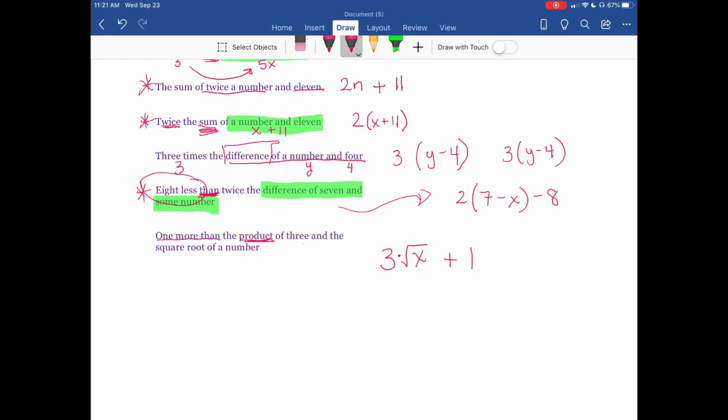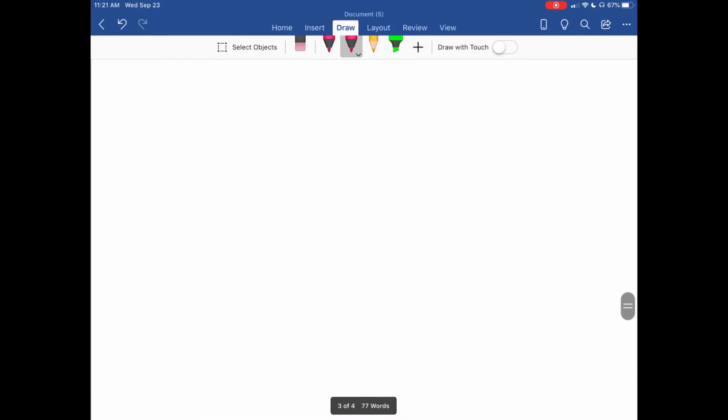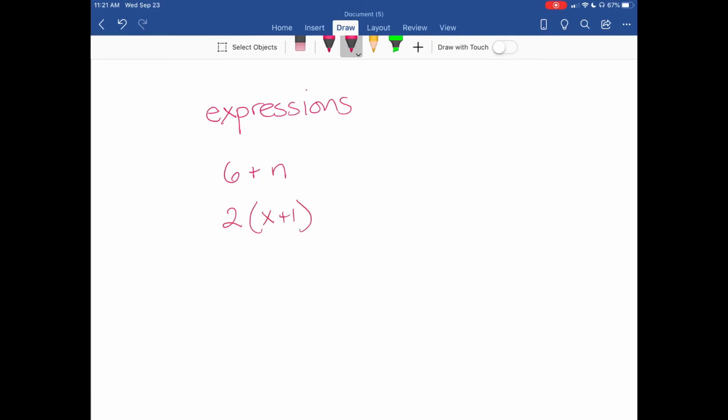And I hope what you're identifying with all of these so far is that we have been dealing with expressions. Expressions are just numerical values that don't actually equal anything. So this is an expression. 2 times x plus 1 is an expression.